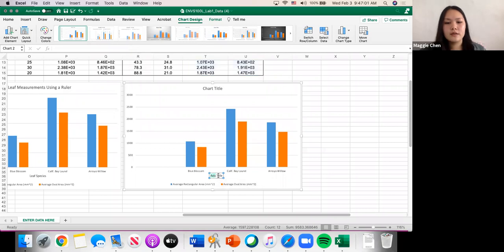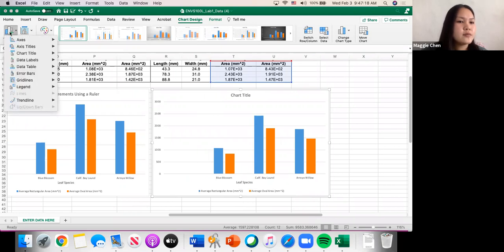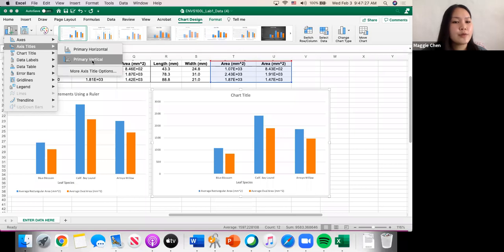Again, the title is going to be the exact same, so we'll just write in leaf species. And now we can also put in our vertical title. So right back under Add Chart Element in the corner, on our drop-down menu, again hover over Axes Titles, and then we're going to add in our y-axis title, our primary vertical.